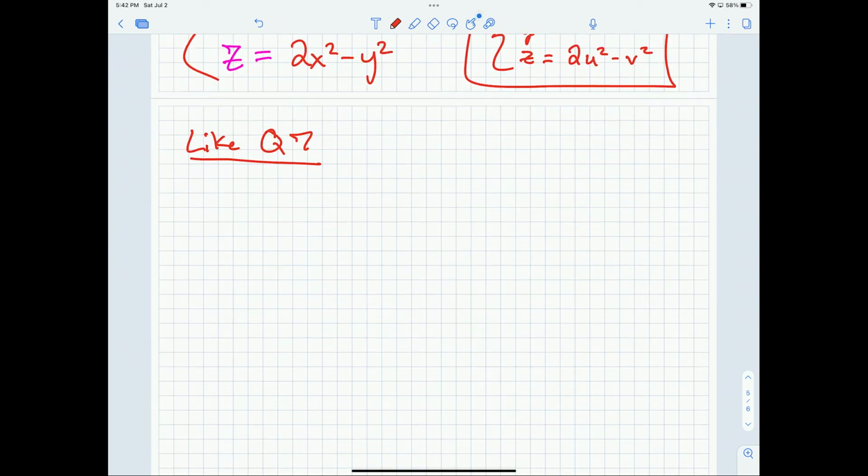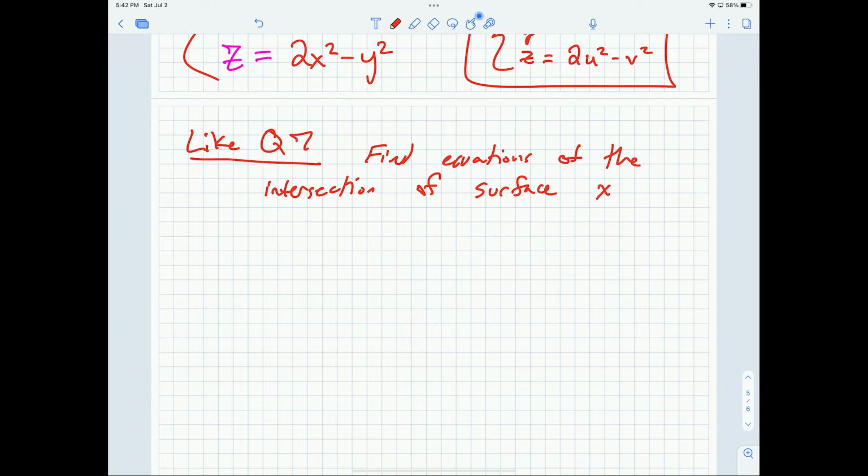If I say, find equations of the intersection of a surface, x squared plus y squared equals 9, and the other surface is going to be, how about a plane, let's say 2x plus 3y plus 4z equals 12.